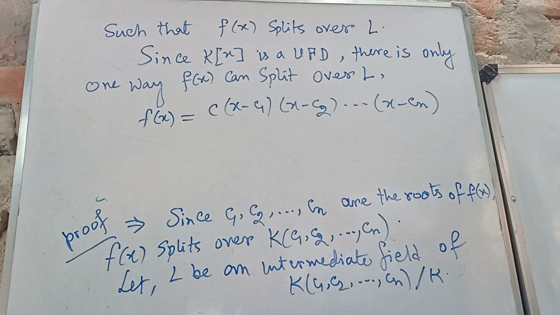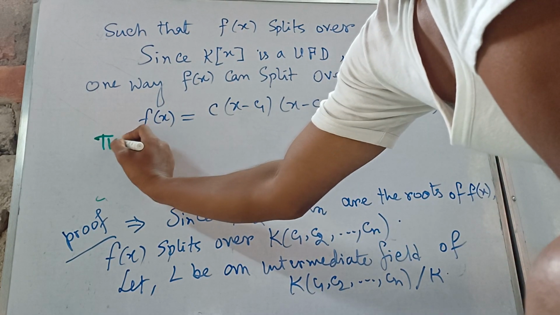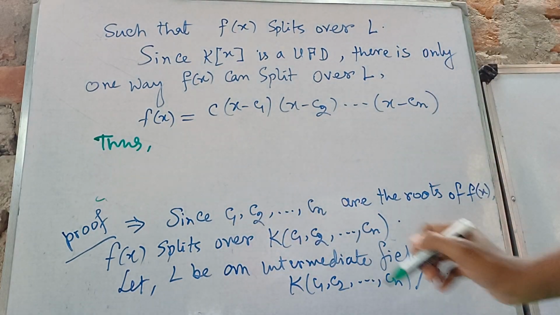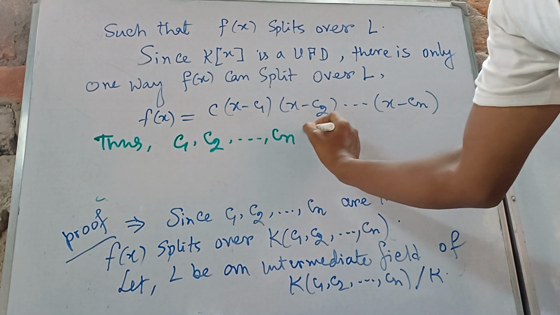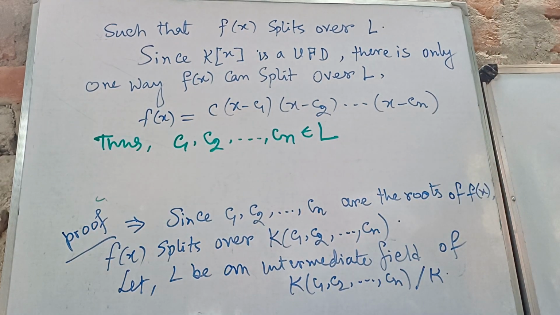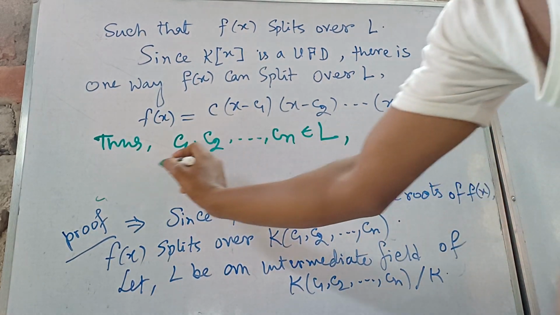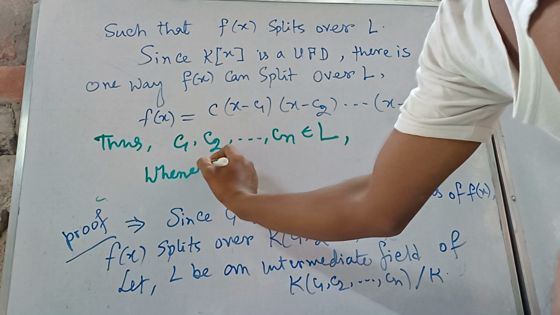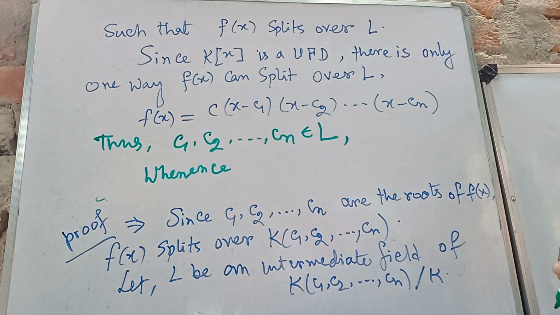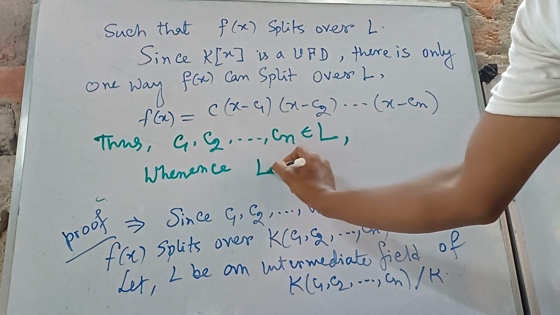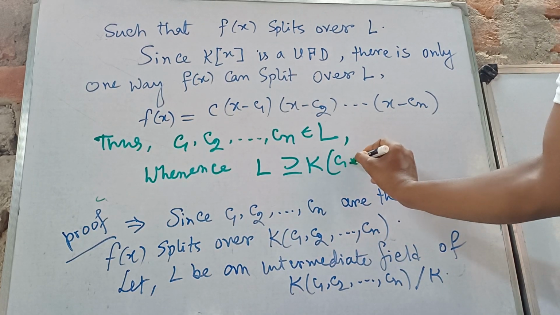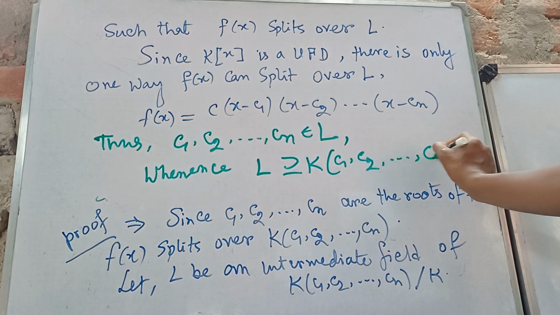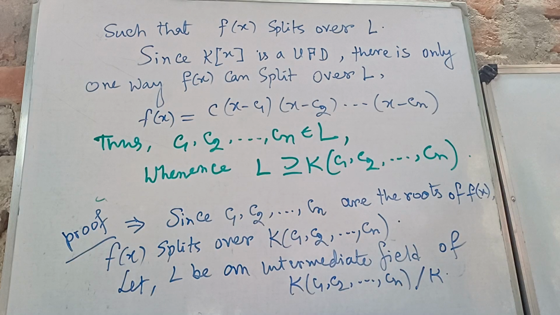Thus c1, c2, ..., cn belong to this L. Thus L equals K(c1, c2, ..., cn).